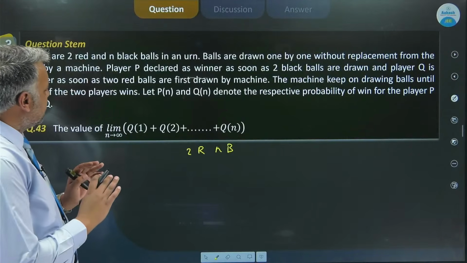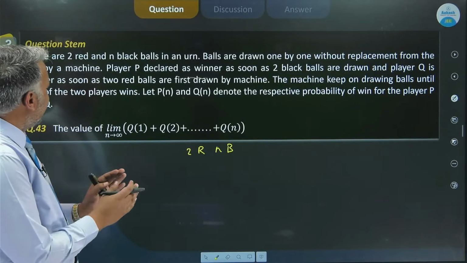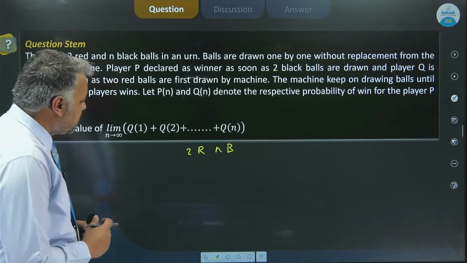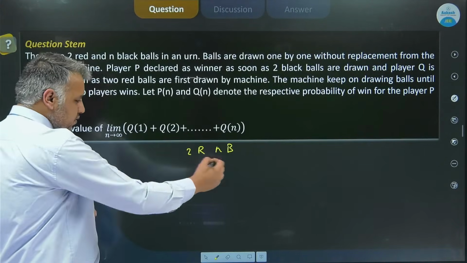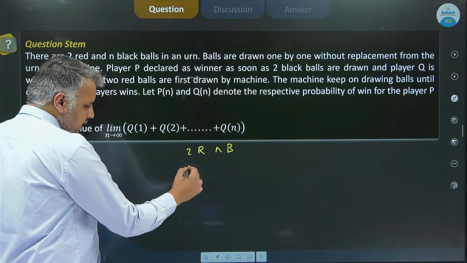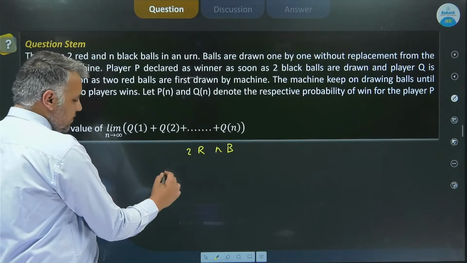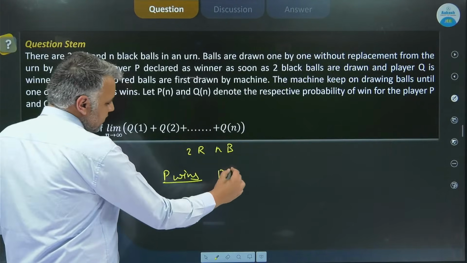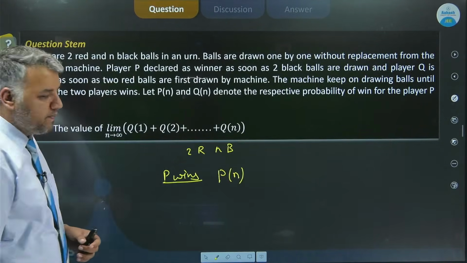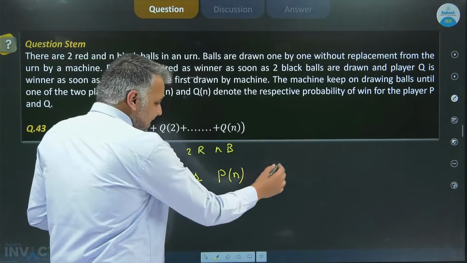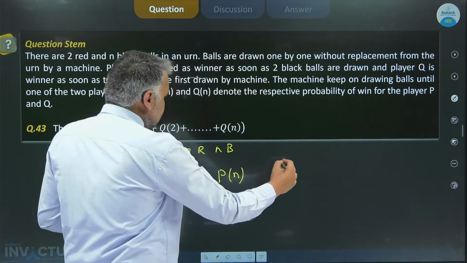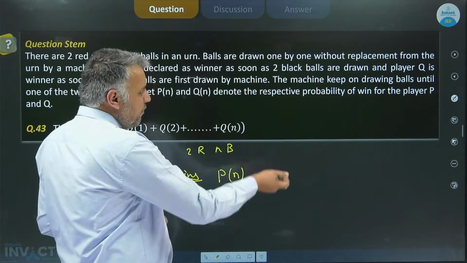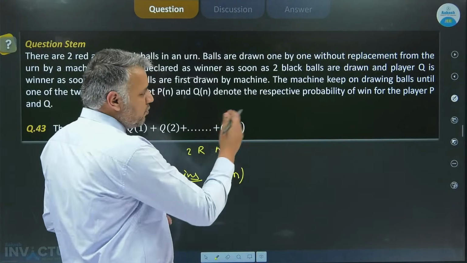Okay, we have to comment on Pn and Qn, that is, which player wins. So I think until 2 black or 2 red balls are drawn, the game will continue. So there will be only 3 draws, I think. If we say that P wins, that means the probability of winning P. So there will be only 3 cases in which P is declared the winner: if 2 black balls are drawn before drawing 2 red balls.